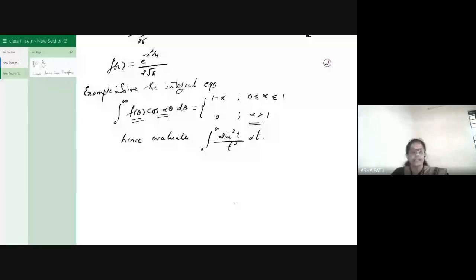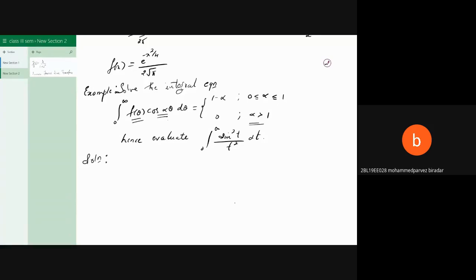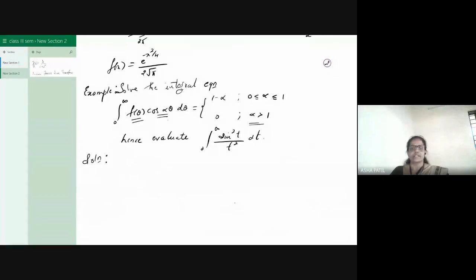First decide that. Then see that we'll write the terms correctly. When will you get this? Integration from 0 to infinity f of theta cos alpha theta d theta. Which transform is it? Fourier cosine transform. Yes, because you have cos alpha theta, it is the Fourier cosine transform.